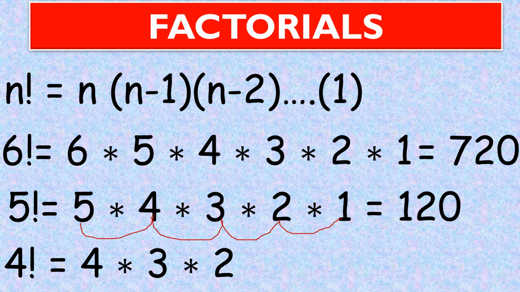Now let's look at 4 factorial, which is simply 4 itself times 3, which is 12, 12 times 2, 24, and 24 times 1 is equals to 24. So that's just a simple way of carrying out factorials.